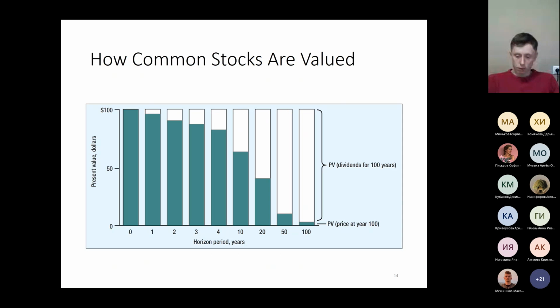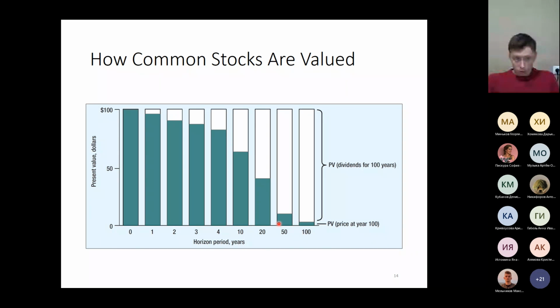This is something we present on this chart. This white part is the present value of the dividends, and the green-blue part goes down.